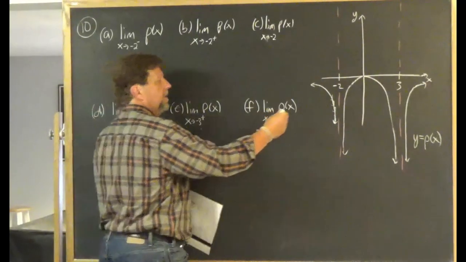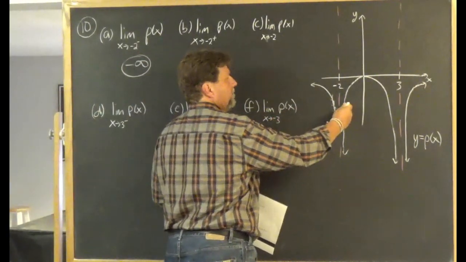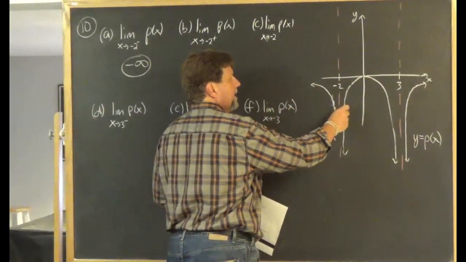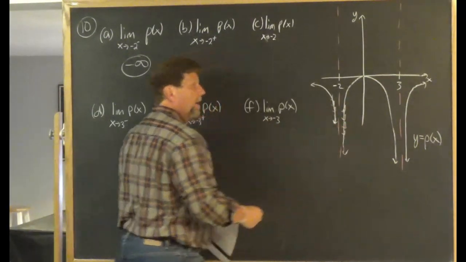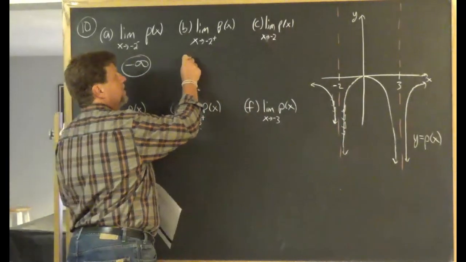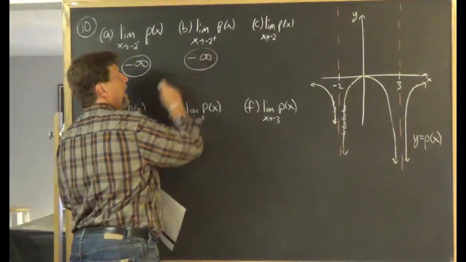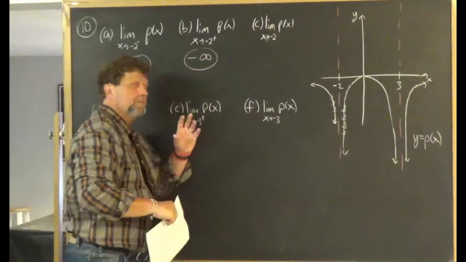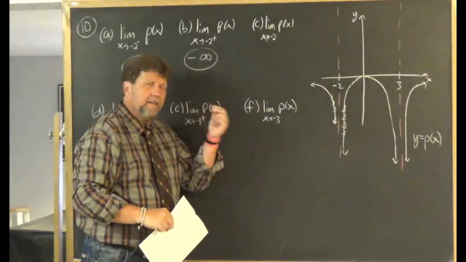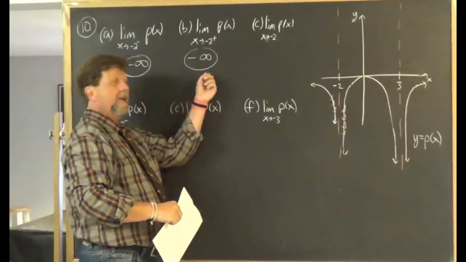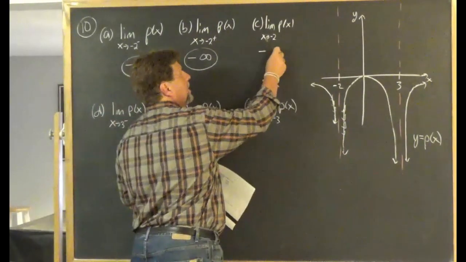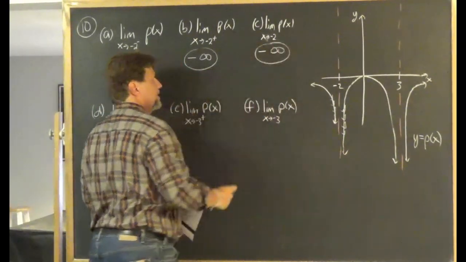I approach negative 2 from the right side, and again, we are decreasing without bound. So the limit is negative infinity. Which means in part C, the limit as x approaches negative 2, since these are the same, the limit is negative infinity.